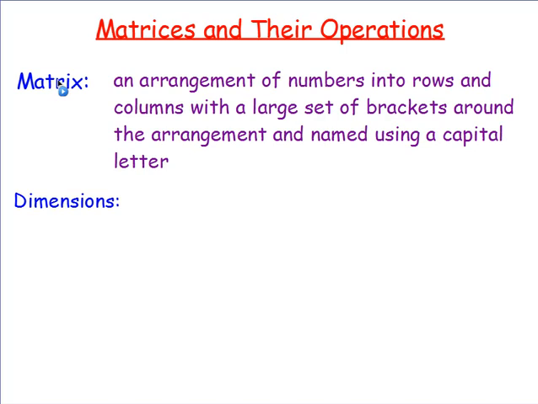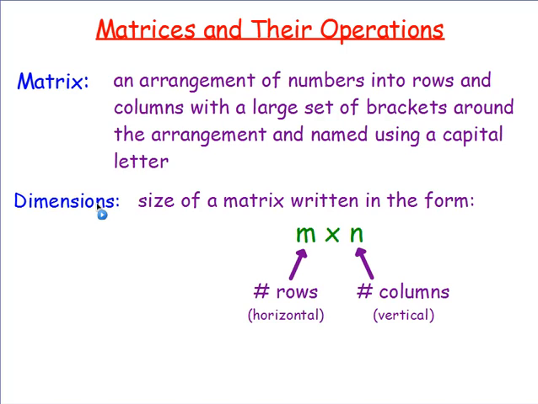Now, one important aspect of a matrix that is very helpful to us in terms of some later topics is the dimensions of it. The dimensions are simply the size of the matrix, written in this form: M by N. That's not X, and it's not times, we call it by.